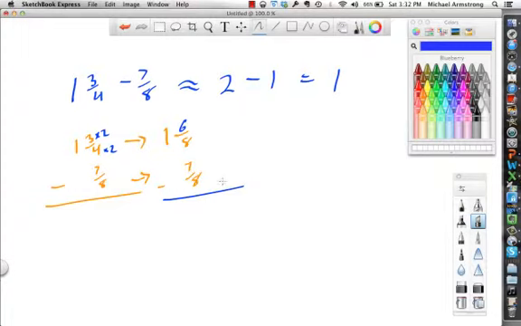6 take away 7 doesn't work, so we have to rename this. And you can do this in your head. Let me just write a little 8. What we could do is cross this out, and remember that this is 8/8.